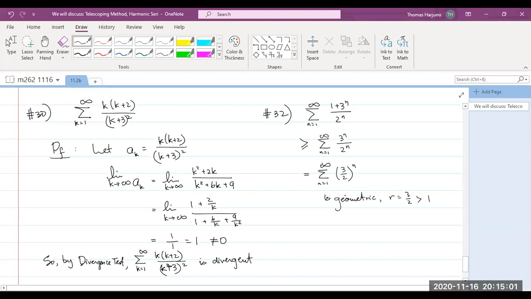Right? So this series, (3/2) to the n, is divergent by the geometric series test. And the greater series is divergent, and why?